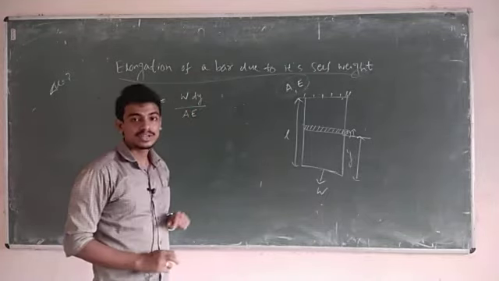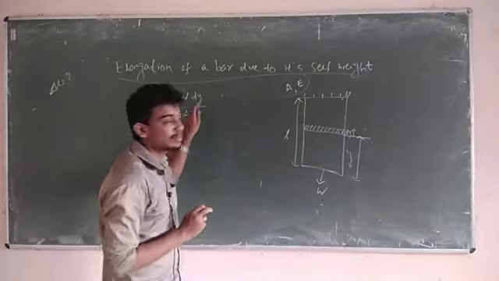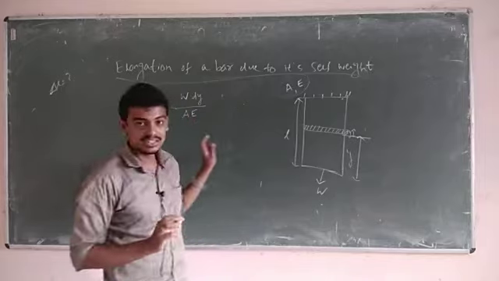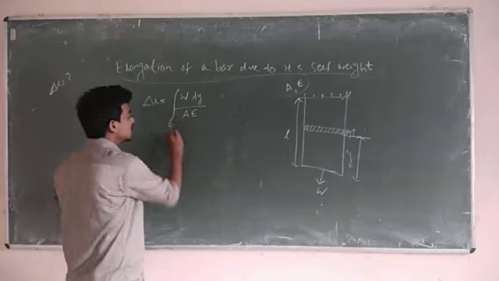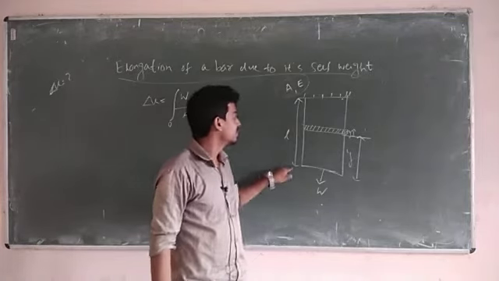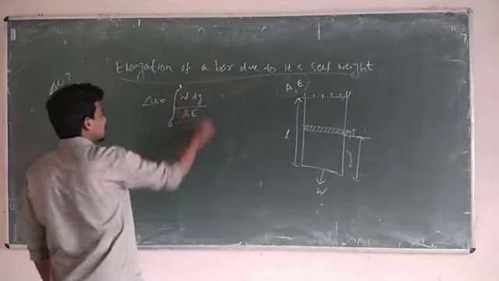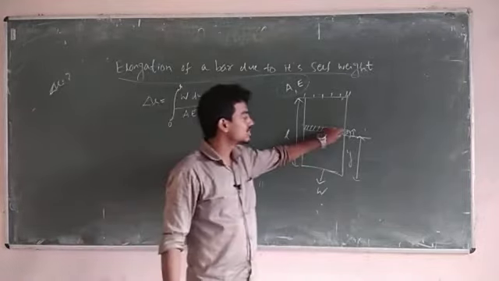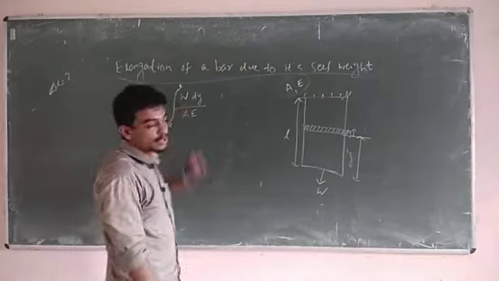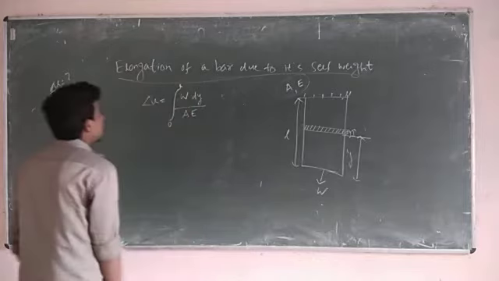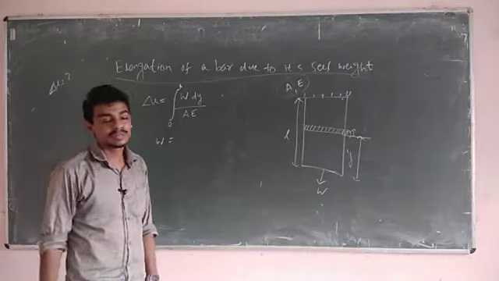Dy is the elemental length, that is why I am taking dy. So what will be the integration? The lower limit will be 0 and the upper limit will be L, because dy varies from 0 to L. Now I will calculate W in terms of unit weight of that material.